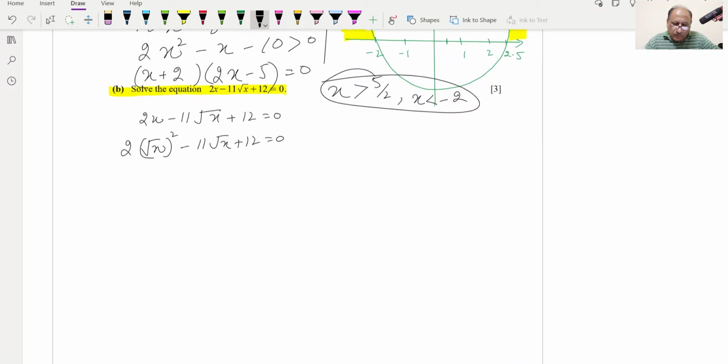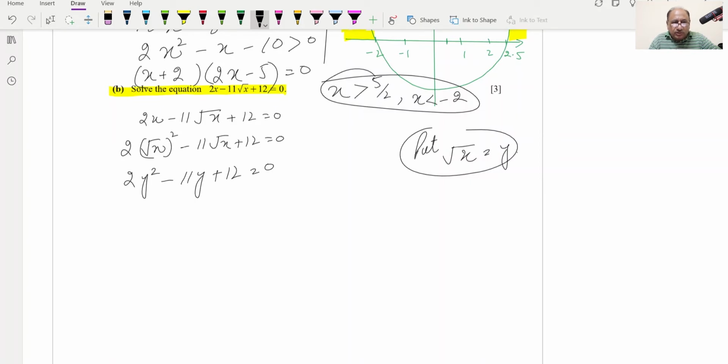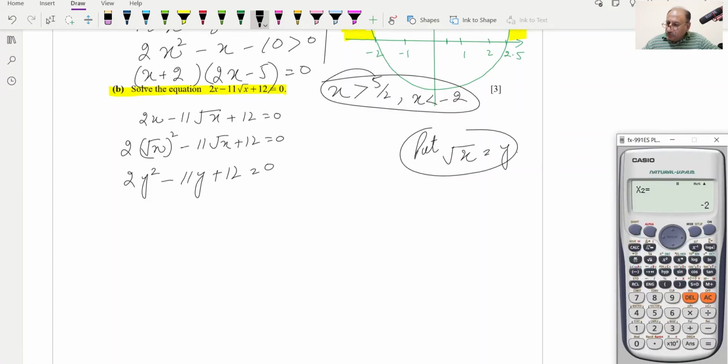Now under root x we can put basically under root x is equal to like y, and after putting this one we will get 2y squared minus 11y plus 12 is equal to 0. This will be the quadratic equation in terms of y, and now we can factorize, and factorization we will be doing by the help of calculator.